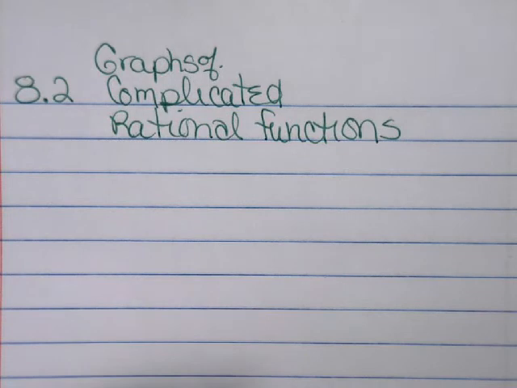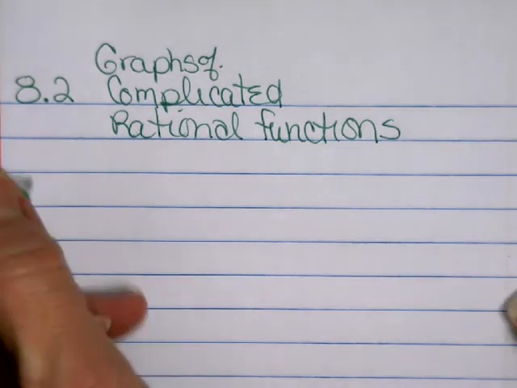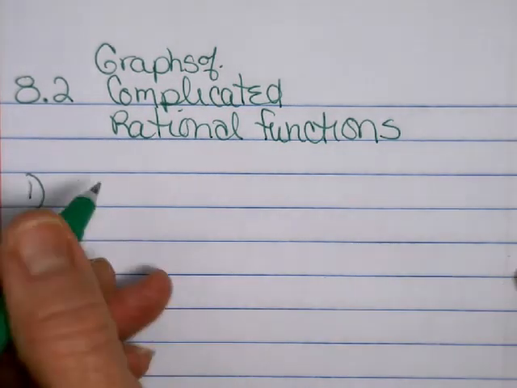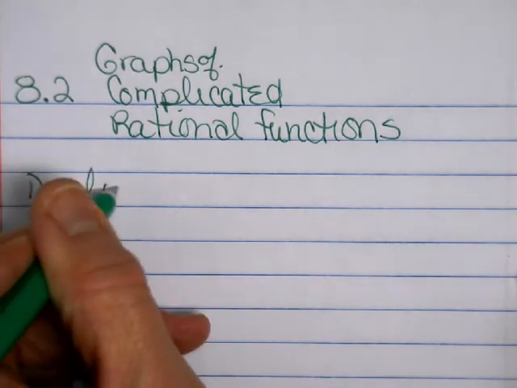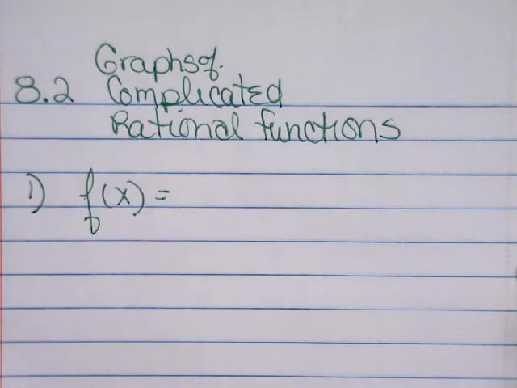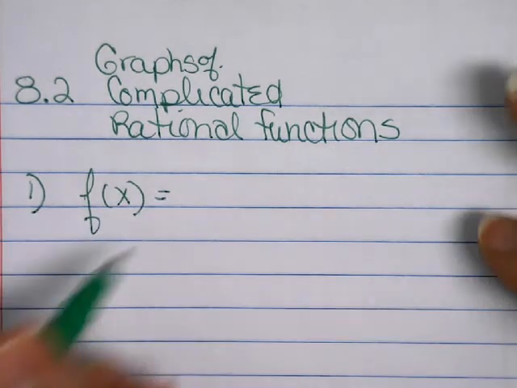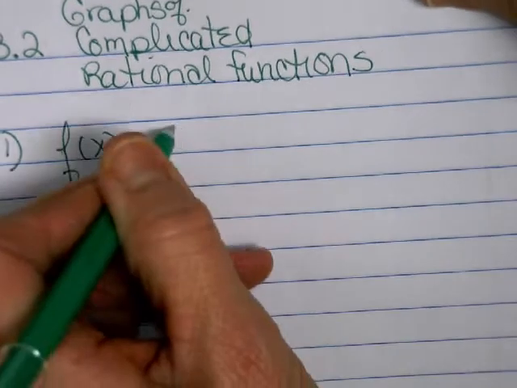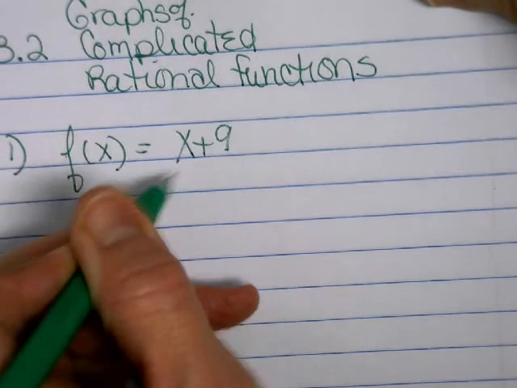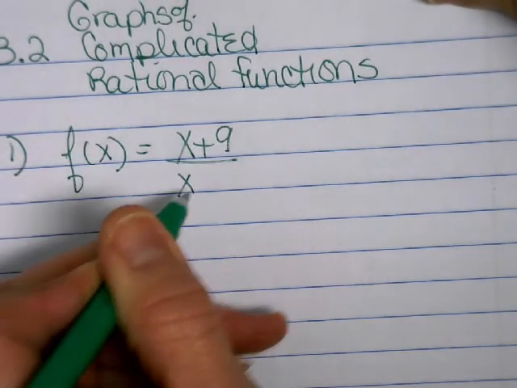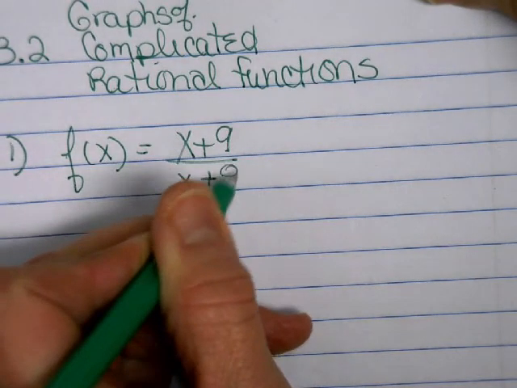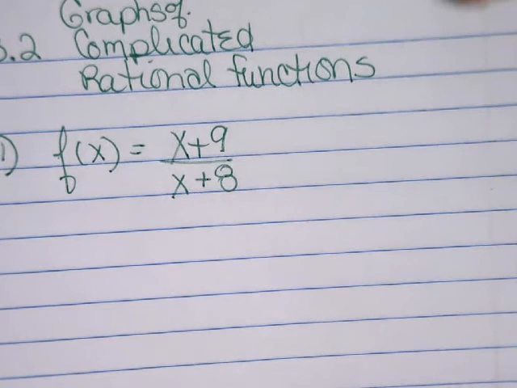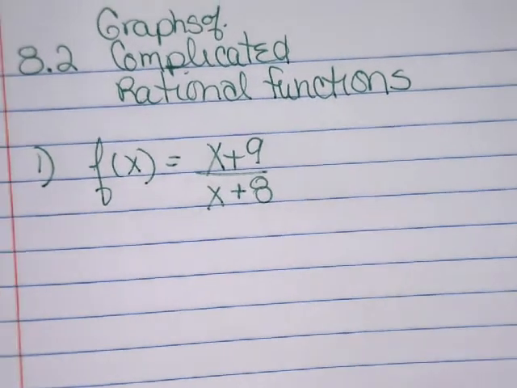So here, right off the bat, number 1, they ask us to find the domain of the function. And we did this with simple rational functions, so it should be a familiar game to play when you're looking for the domain.